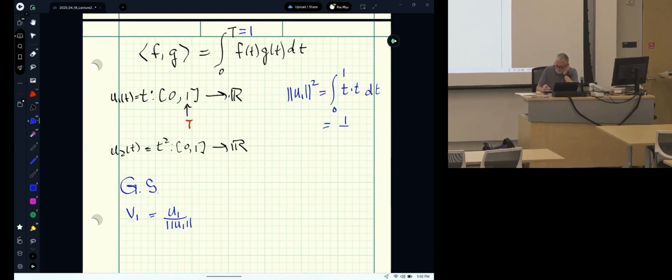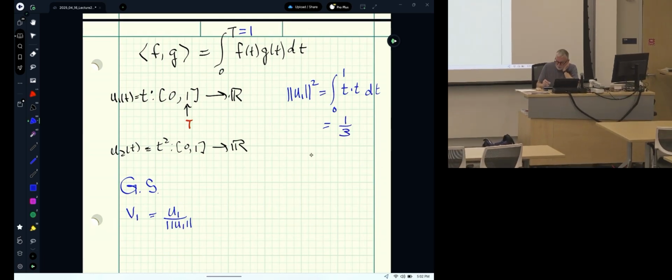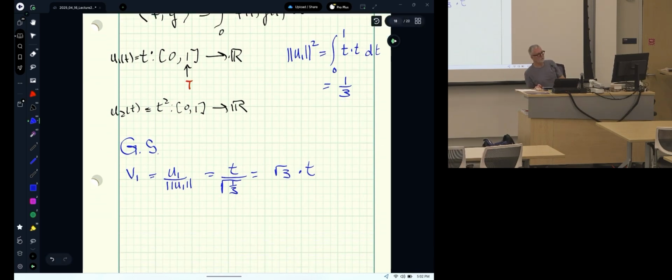Yep. So then v1 is t divided by the norm, which is the square root of 1/3. So this is the square root of 3 times t. Okay, so that's the first step of Gram-Schmidt.